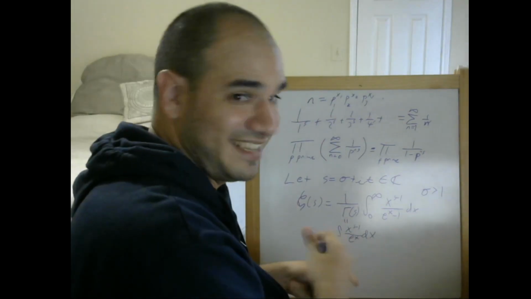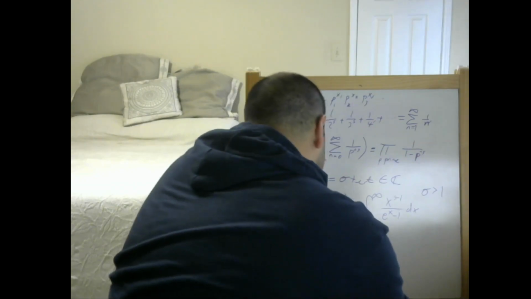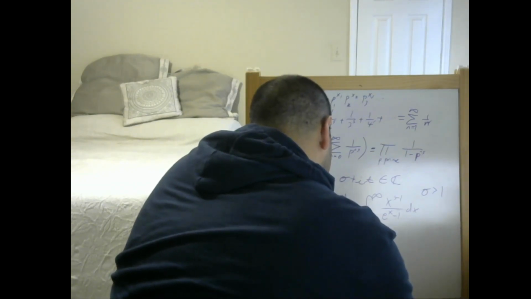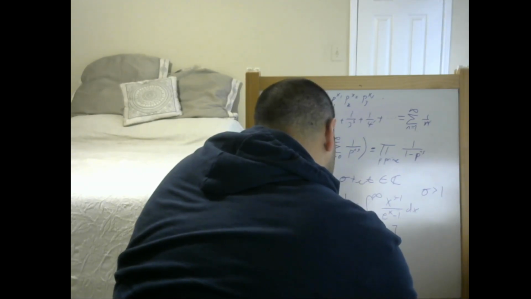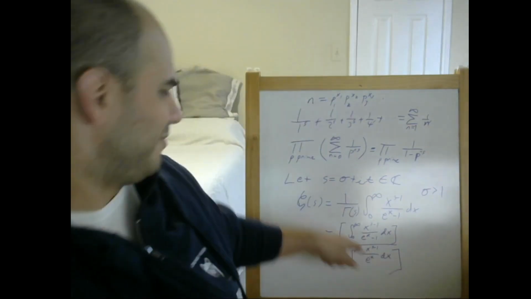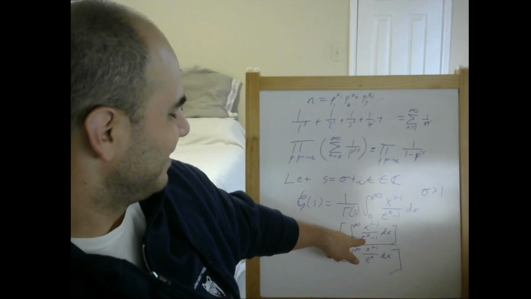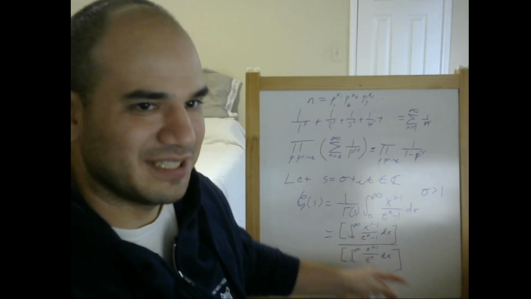So that zeta of s is this ratio, where they're essentially the same thing, except this one has e to the x minus 1 in its denominator, and this has an e to the x in its denominator.